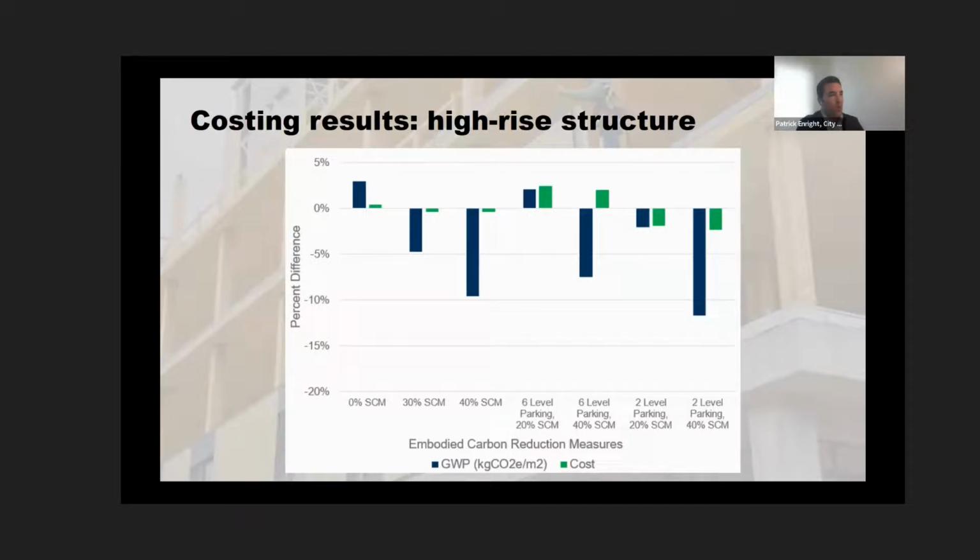Now, as the city, I've had detailed conversations with both projects that are working through embodied carbon reductions, as well as local concrete and cement manufacturers and suppliers. My understanding is that if there aren't savings at the initial base levels of reductions in the most typical mixes, you can get some embodied carbon reductions without cost increases.